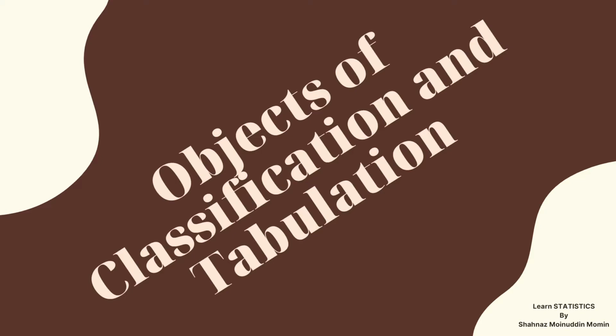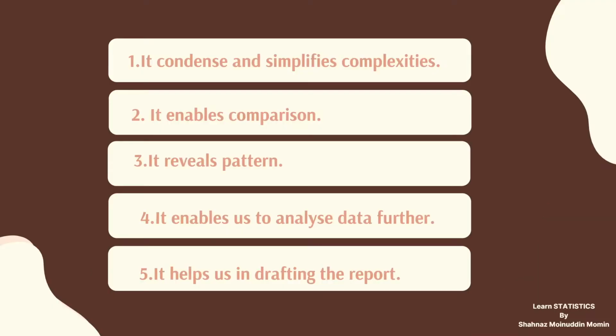Now let us consider the next point, objects of classification and tabulation. Consider the first object. It condenses and simplifies complexities. Since the data collected is complex in nature and bulky in form, when they are classified, tabulated, and put in a condensed form, the complexities of the data are removed.